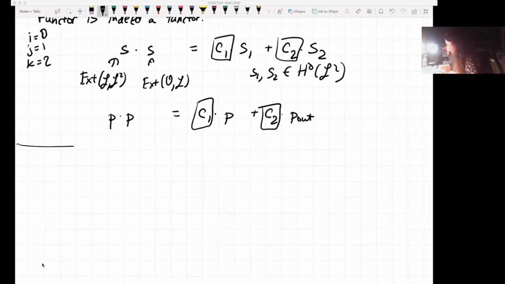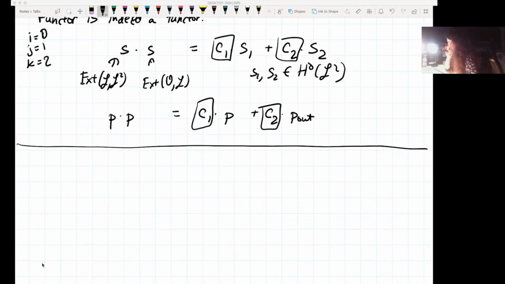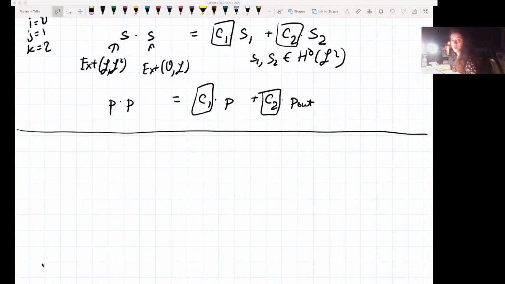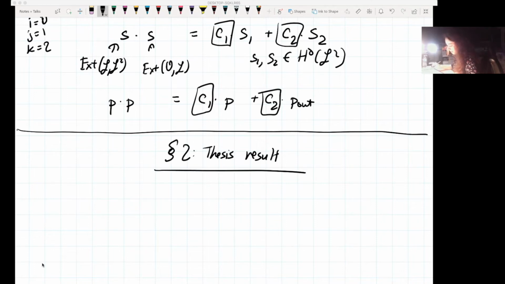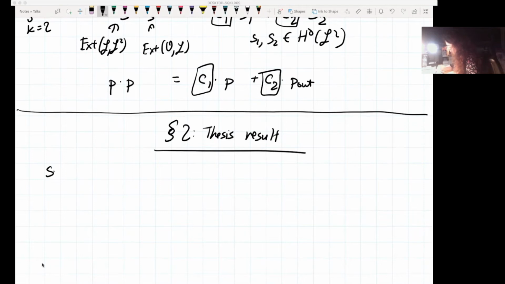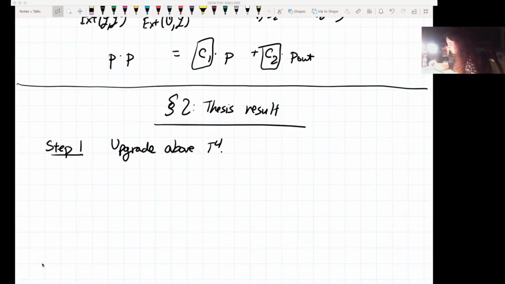All right. Which is grade the new. GMS on T4 is not new.